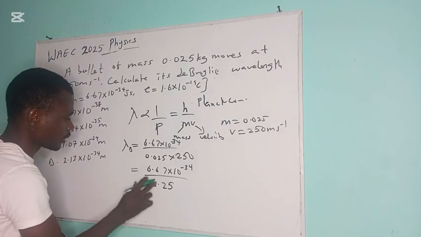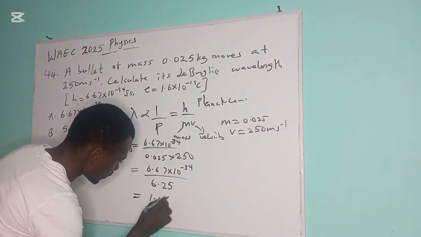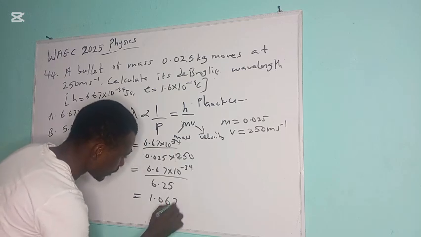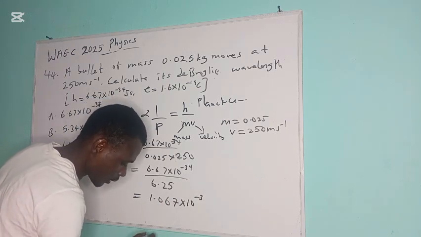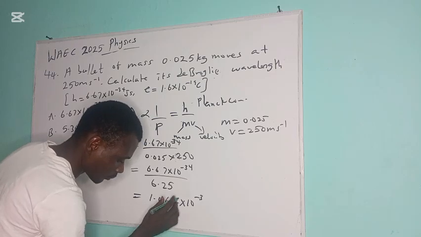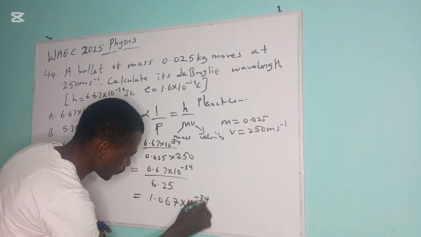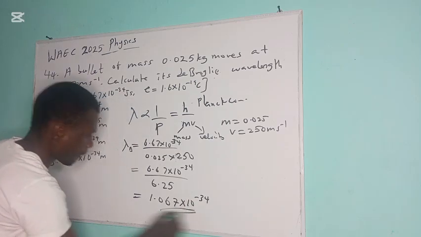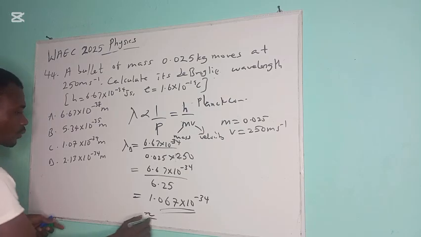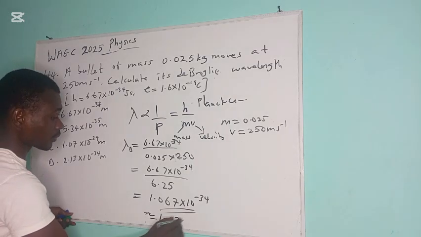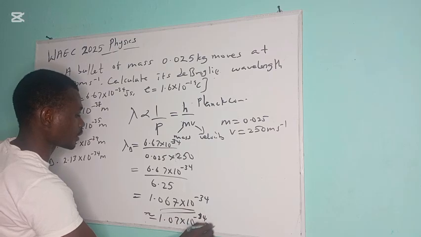So divide this one by this, it gives you 1.067 times 10 to the power minus 35. I mean, 34. Okay, so which is approximately 1.07 times 10 to the power minus 34 meters.